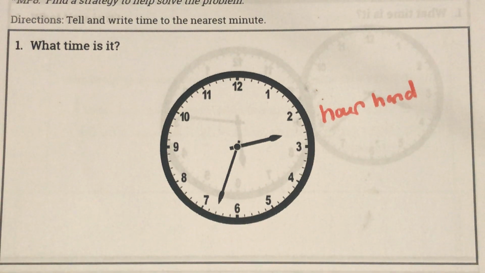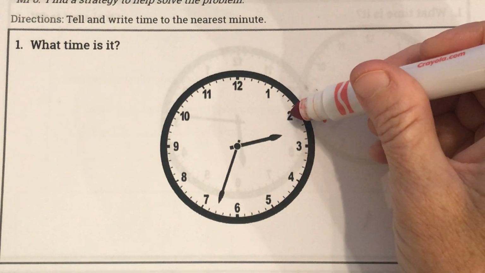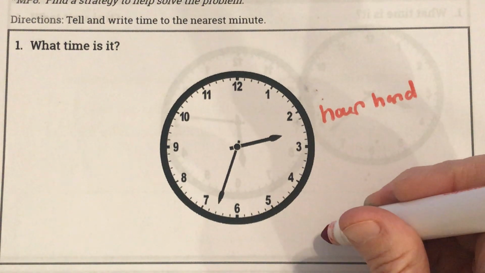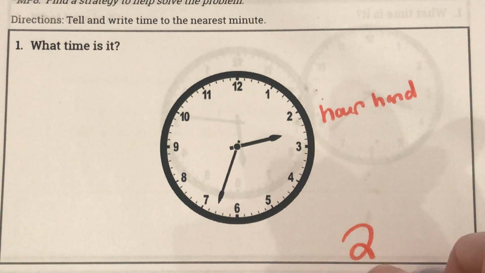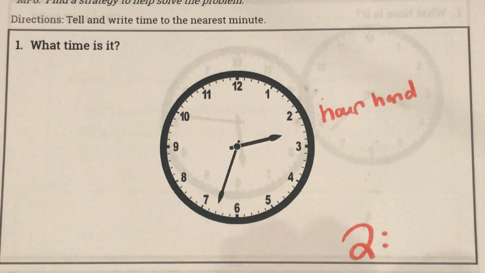So when I look at my hour hand, I see that it's past 2, but it hasn't got to the 3 yet. So that means my hour is going to be 2 o'clock. So I put a 2, and then I do something called a colon. The colon is going to separate the hour from the minutes.